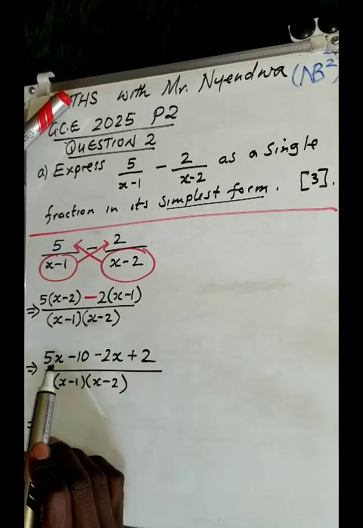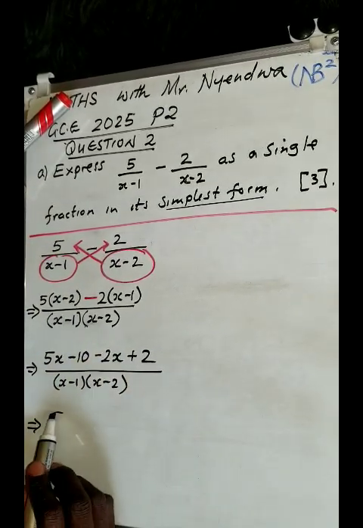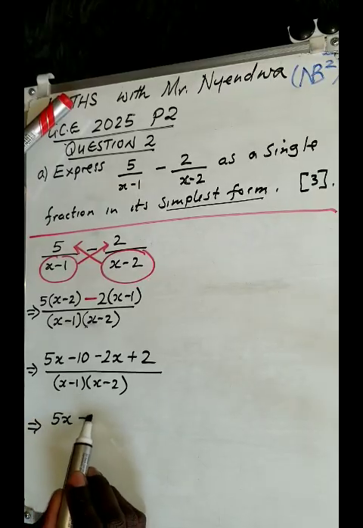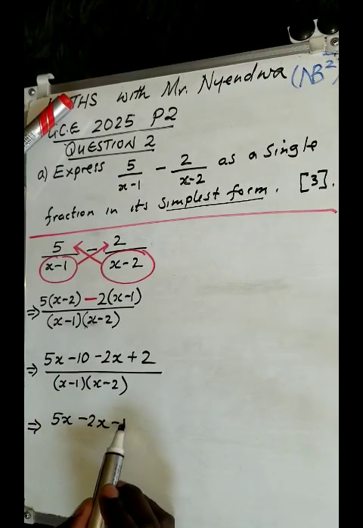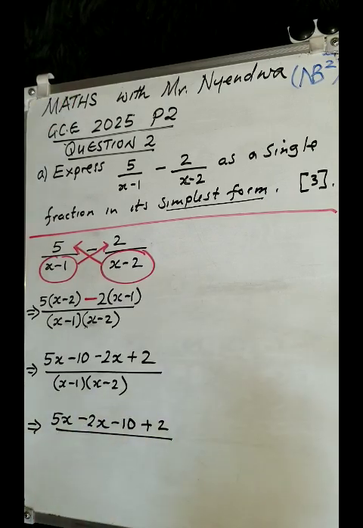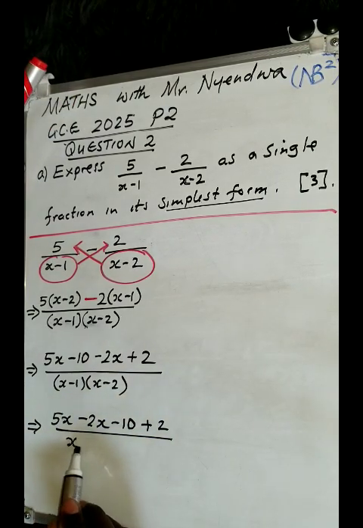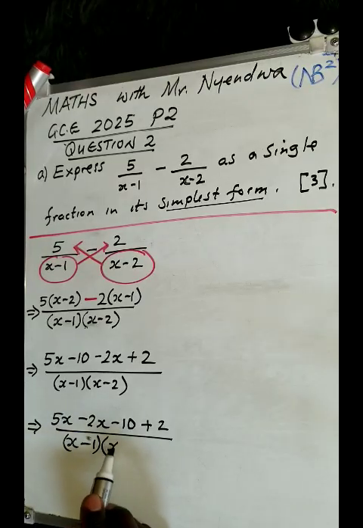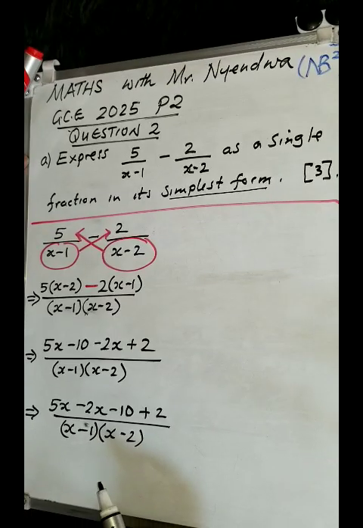So we continue with the like terms, this and that. That is going to be 5x minus 2x, then minus 10 plus 2. Remember, the signs do not change because you are not crossing the equal sign. So that will be over x minus 1 in brackets and x minus 2. What is 5x minus 2x?